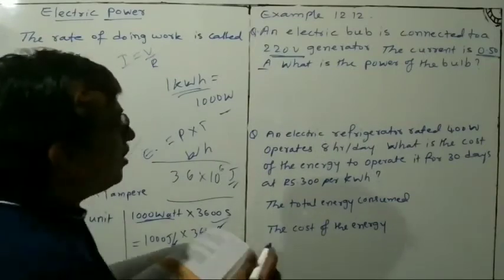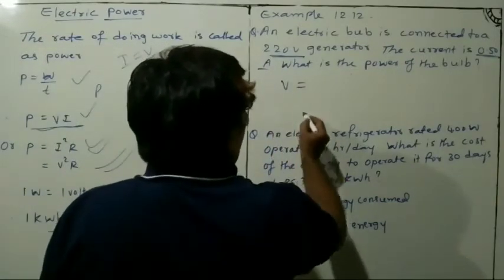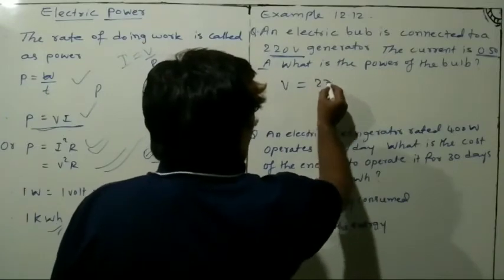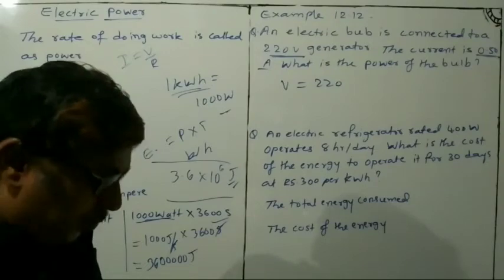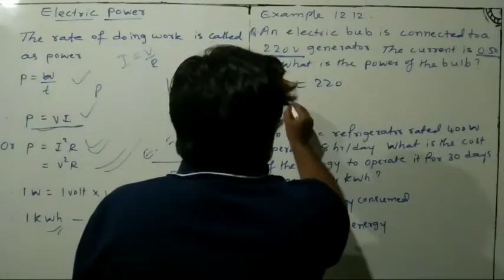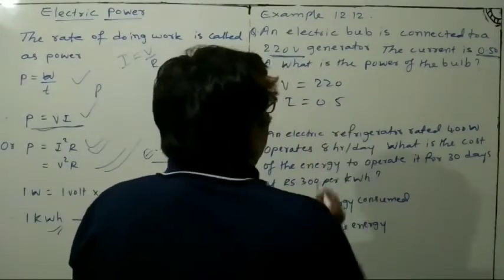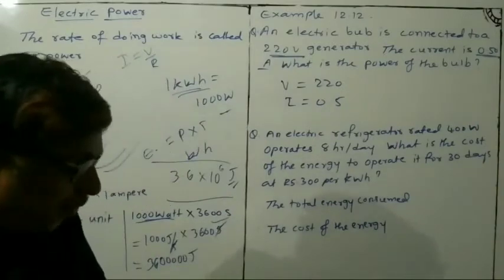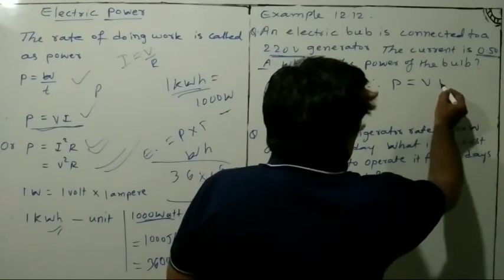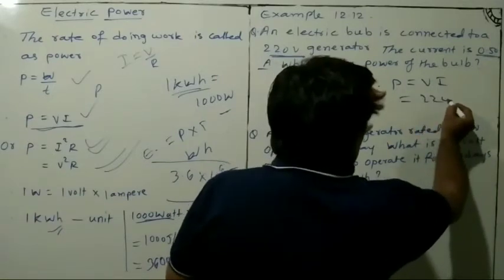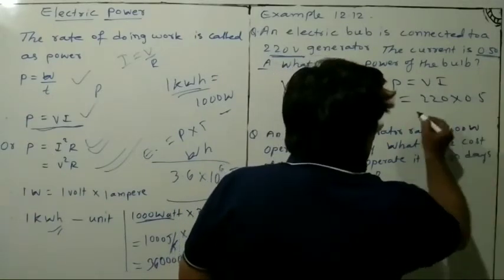So what is given? V is equal to 220, correct? Then I is equal to 0.5. So you can use the formula P is equal to VI. So 220 multiplied by 0.5.